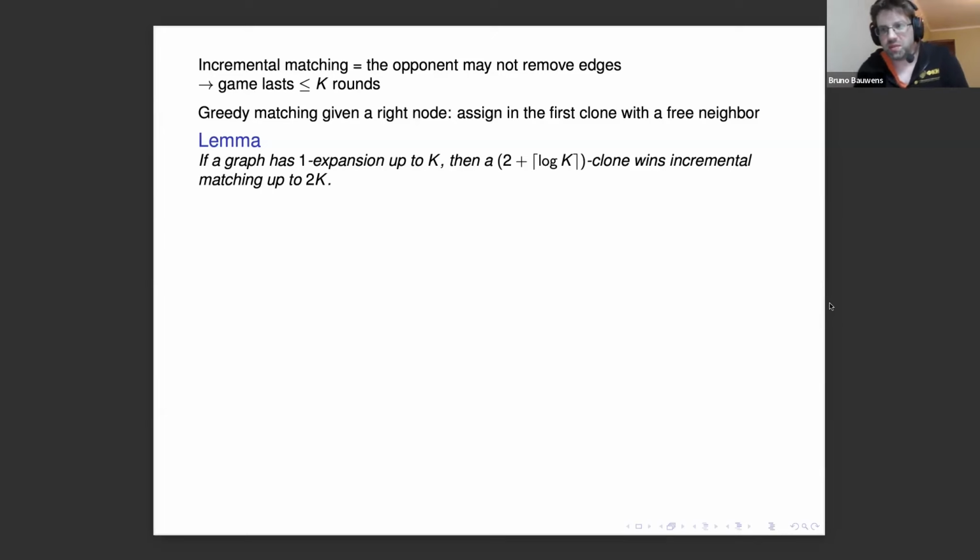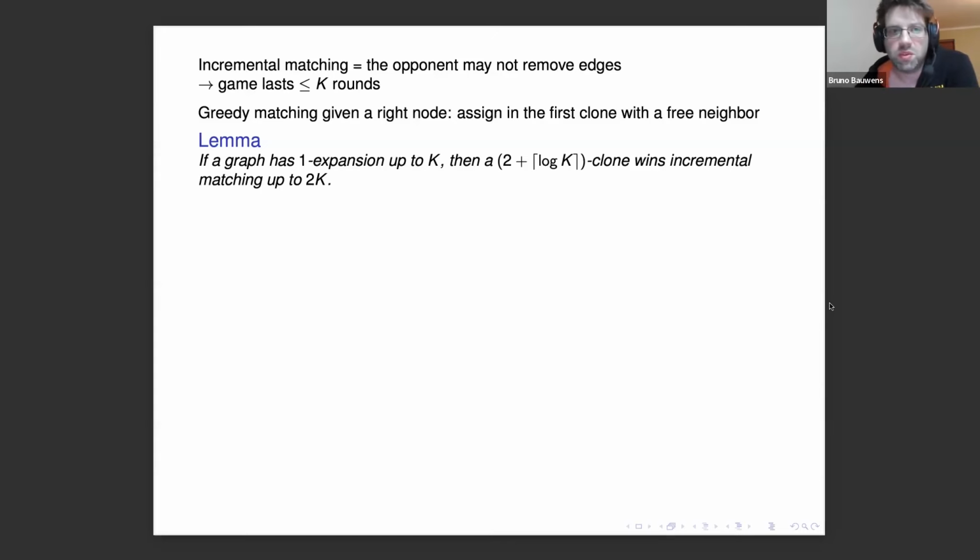An L clone of a graph is obtained by taking L copies of the graph and identifying the right nodes. So in a 2 plus log k clone, we can win the incremental matching game up to 2k elements, provided it has 1 expansion up to k. That's the lemma.